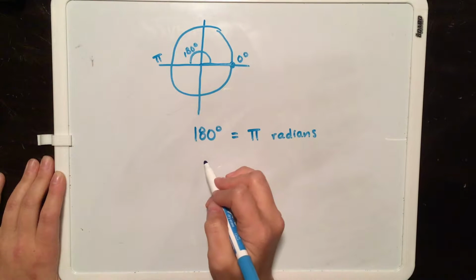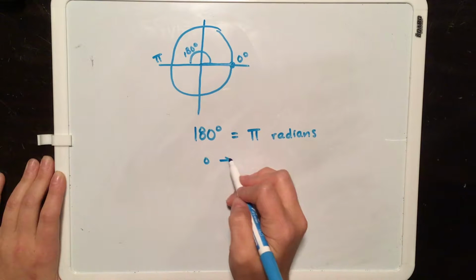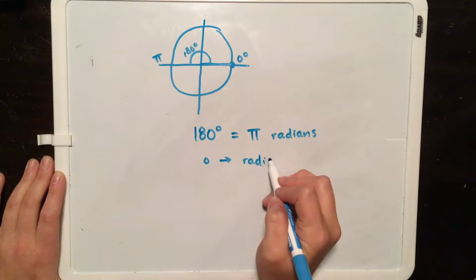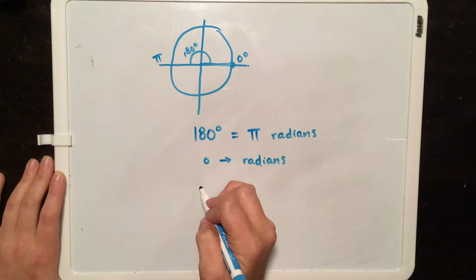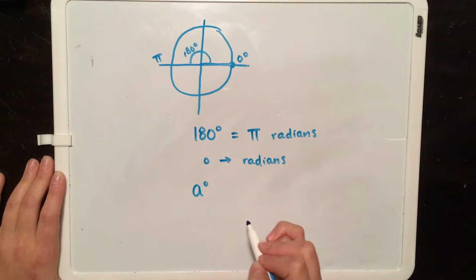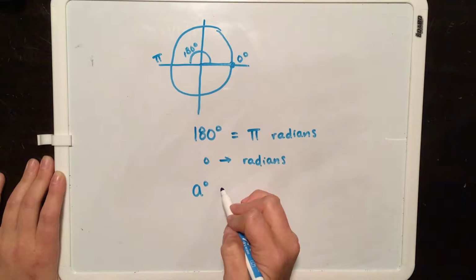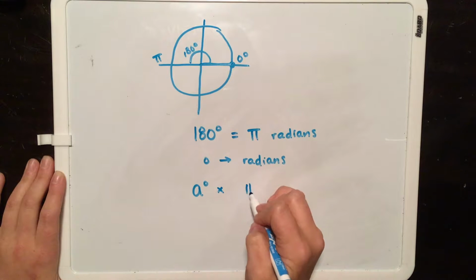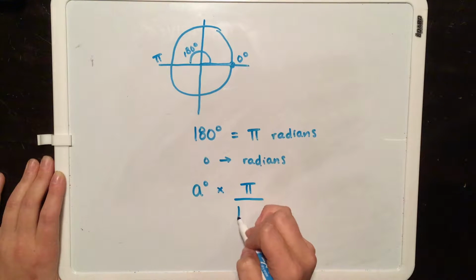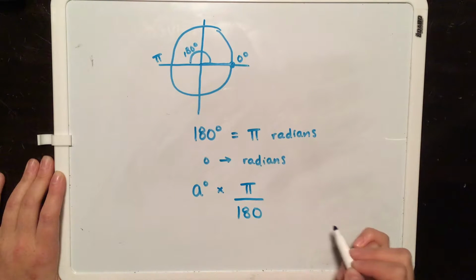In order to convert degrees to radians, you take the number of degrees you have and multiply by pi over 180.